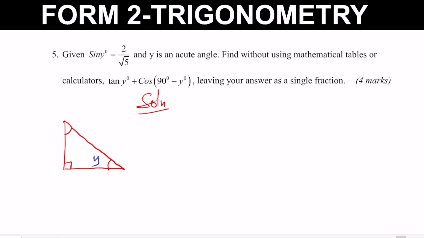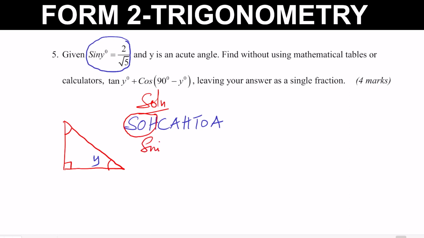Now, given that sine of that angle y is 2 divided by root of 5, you need to understand how you get sine of an angle. Remember SOHCAHTOA. Our interest is here, sine.